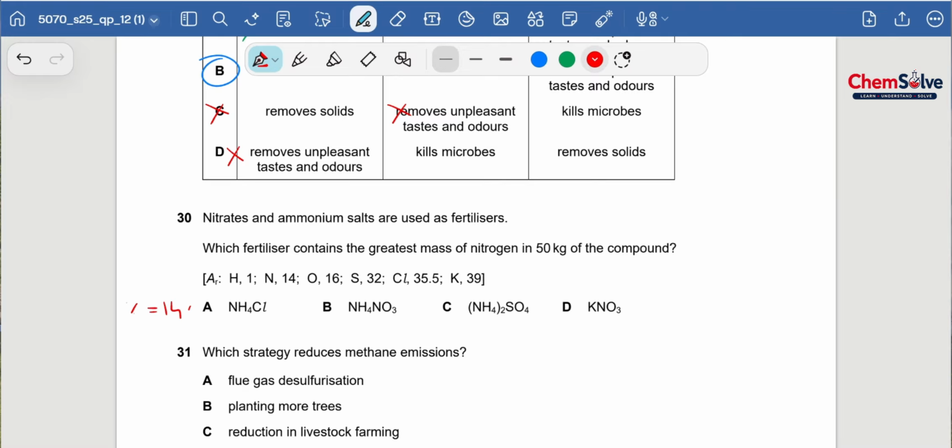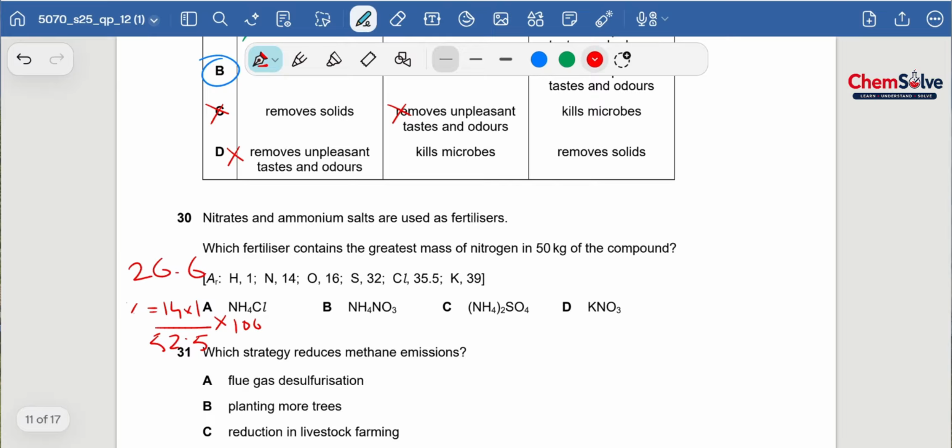So 14 multiplied by 1 divided by the molar mass of NH4Cl, and that is 52.5, multiplied by 100. So the answer is 26.6%.